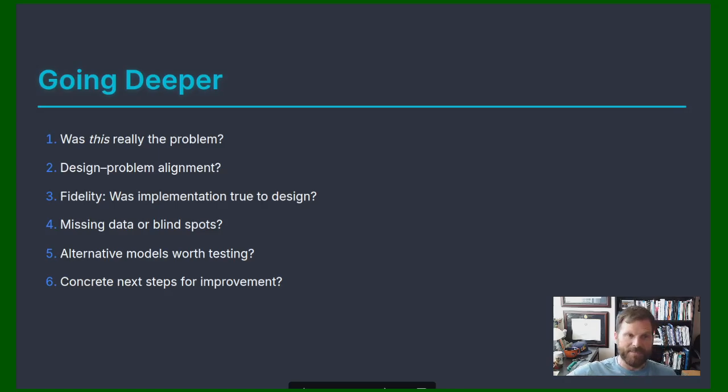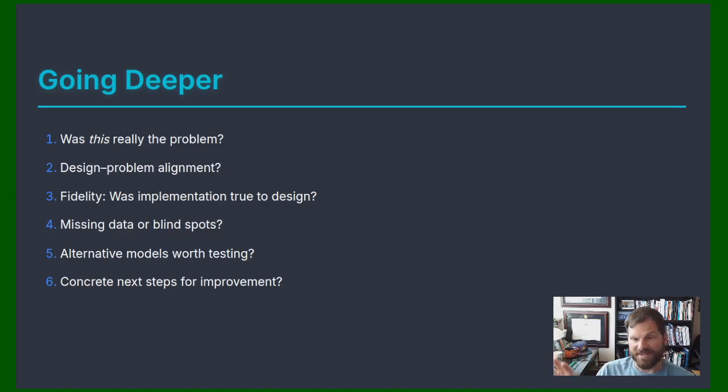And so you can go a bit deeper too, right? These more deeper root understandings of the problem itself. So was this really the problem? You're fundamentally going back and doing that double loop learning and thinking, okay, well, we identified a problem, we attached a solution to it, and is it working or not? And did we really identify the problem?